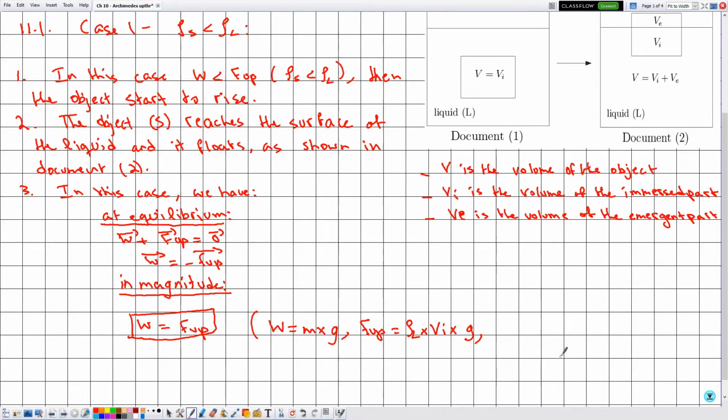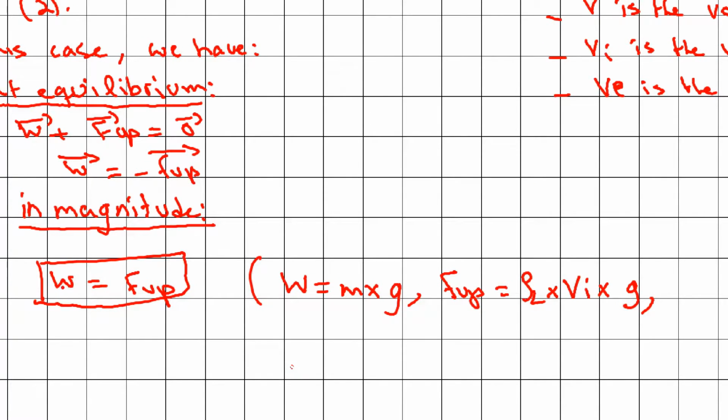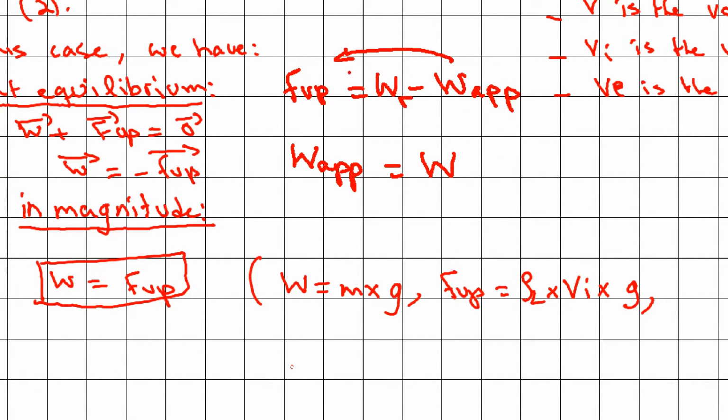Now moreover, we can ask what happened to the apparent weight. So what's the value of the apparent weight? We can determine it, because what's the relation between W, F upthrust and the apparent weight? We know that by definition F upthrust is given by the real weight minus the apparent weight. So moving the apparent weight to the left-hand side, the minus will change to plus, so W apparent will be equal to the real weight, which is denoted by W, and dragging F upthrust to the right-hand side, it will gain a minus sign, it will be minus F upthrust.